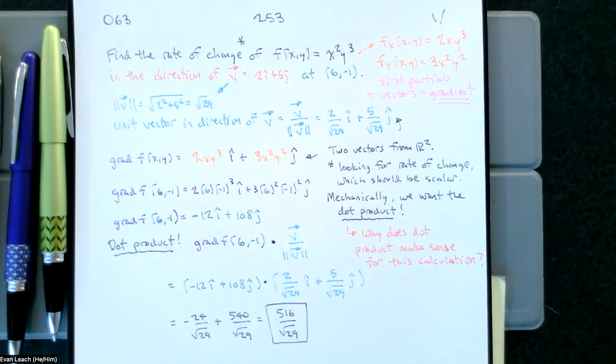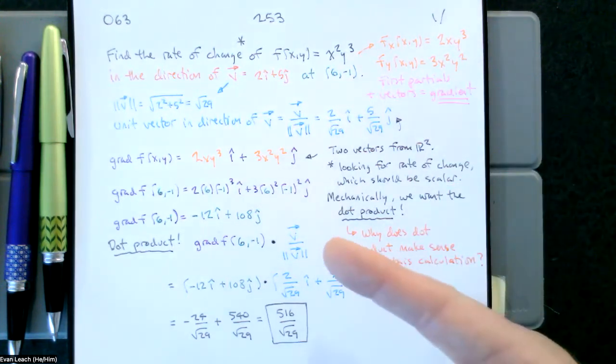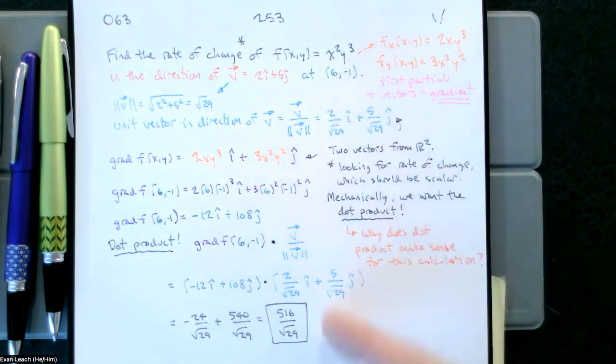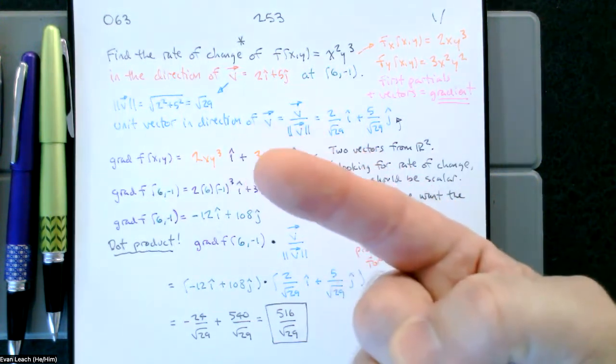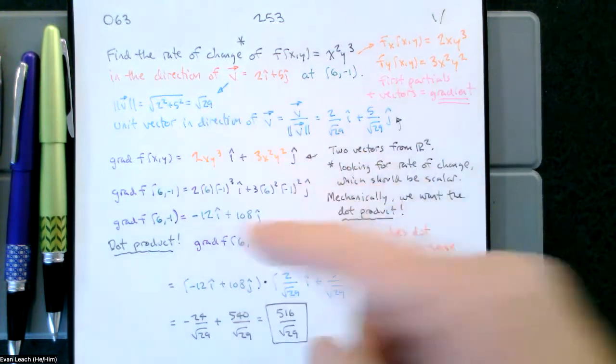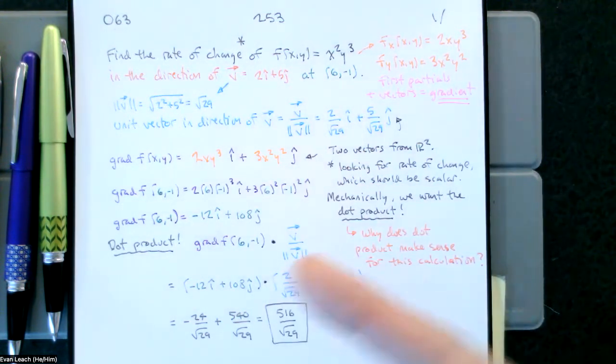If I take a line in the direction of 2i plus 5j, and I put it tangent to that surface, it's going to increase by 516 over the square root of 29, because random numbers are random. And in that direction, that's going to be my delta z over delta v.